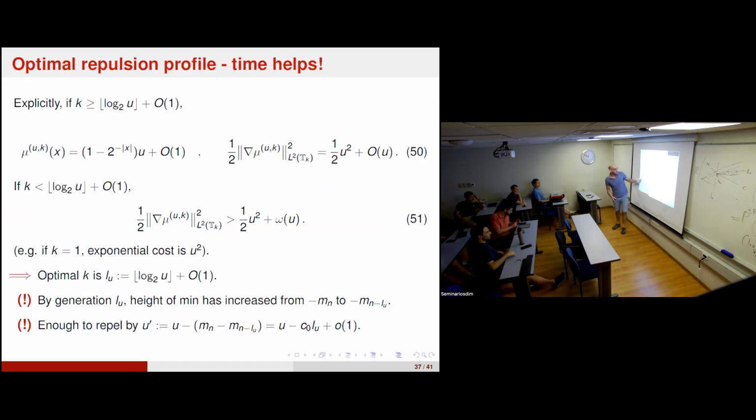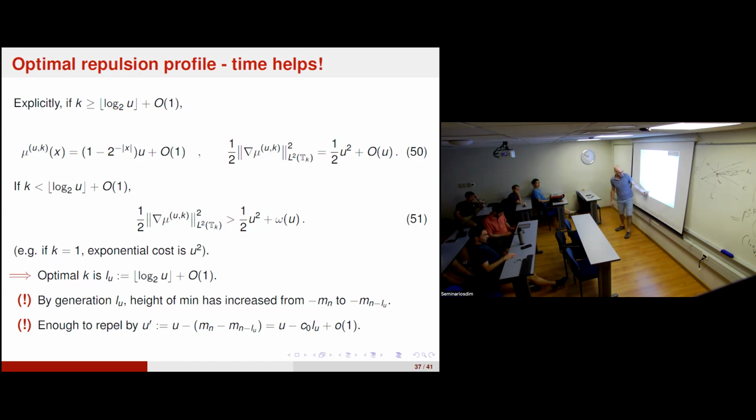So if you wait log 2u generations, the tree has been shortened by log 2u. That means that the minimum of all your subtrees is no longer mn, but mn minus whatever number of generations you take. So you actually don't have to go all the way to lift everything by u.